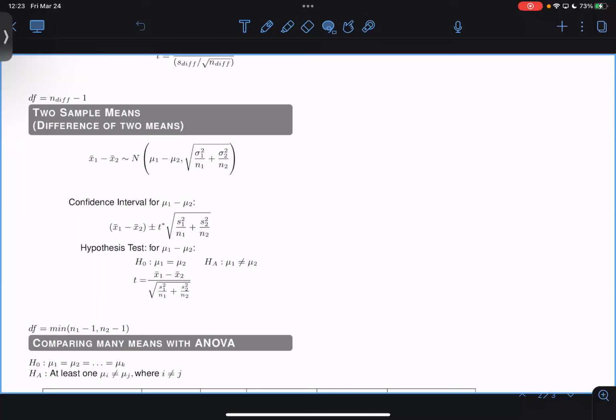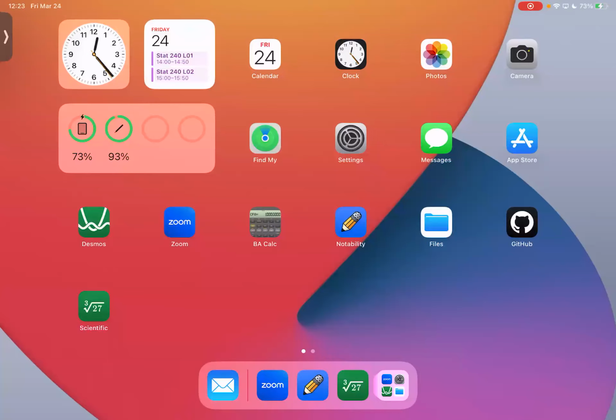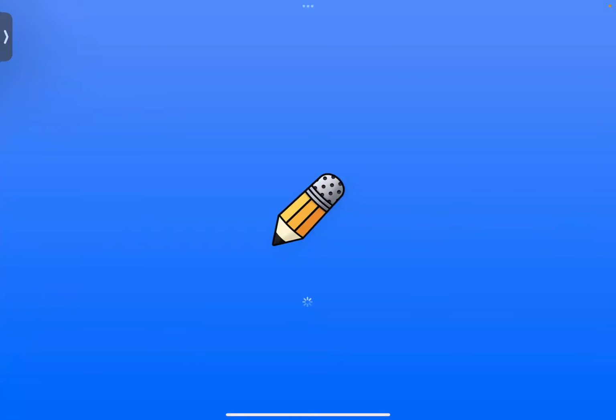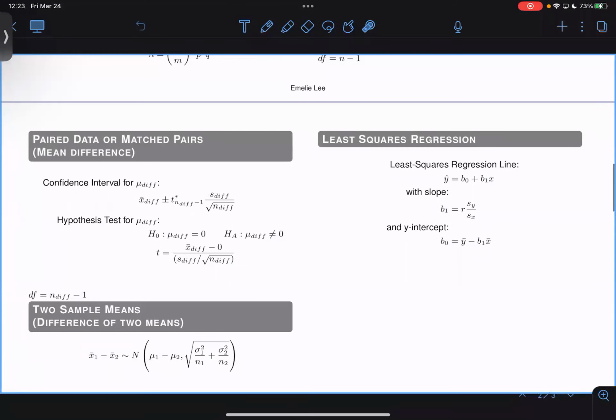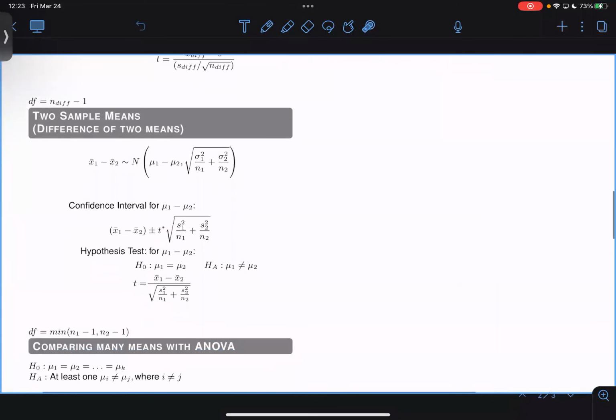But if you know what the point estimate is, if you know the structure of the confidence interval and the standard error of the point estimate, you know the critical value, you know the setup for the null and alternative hypothesis.